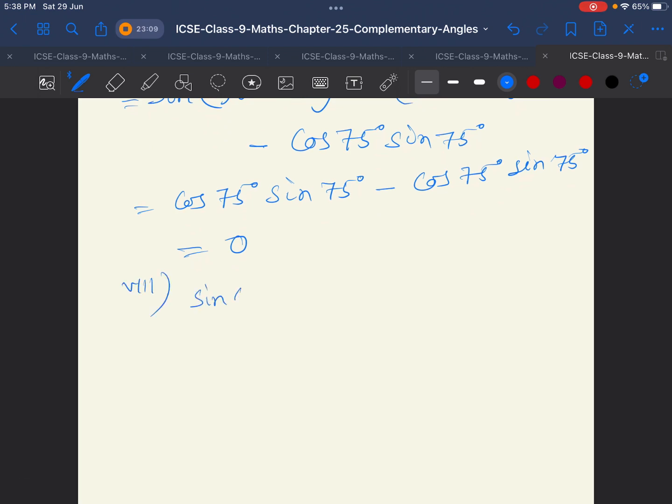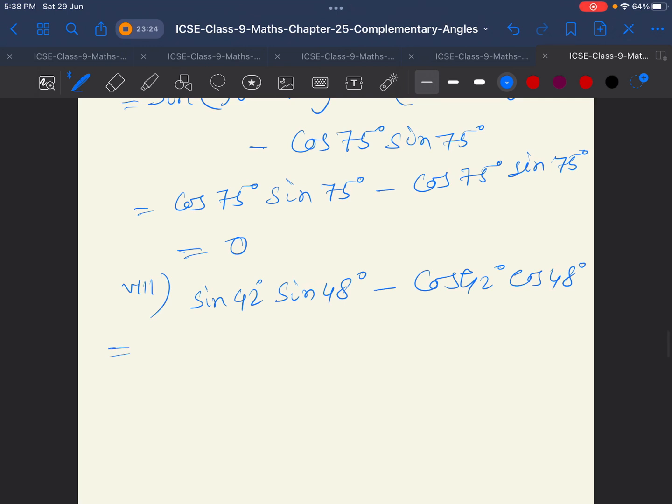Question number 8: sin 42 degree sin 48 degree minus cos 42 degree cos 48 degree. Sin 42 degree we can write as sin (90 minus 48), and sin 48 as sin (90 minus 42).